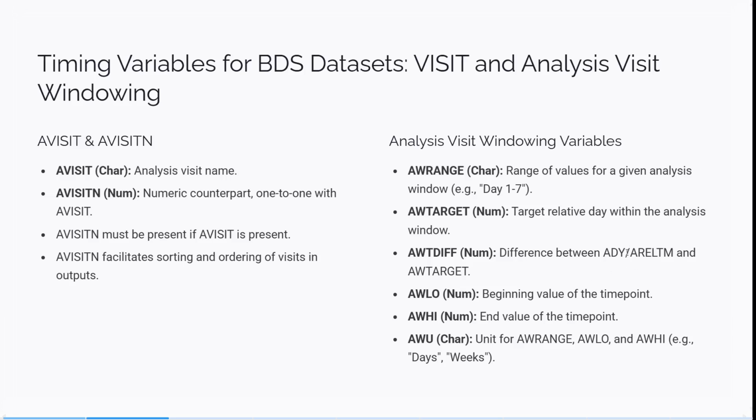The actual relative day is the actual day of the visit, so we have to calculate the difference between the target given in the SAP and the actual date. The beginning value of the time point in the analysis window is lower, and the higher one will be the end value. And AWU is the unit, a character variable for the analysis window range, in days or weeks.